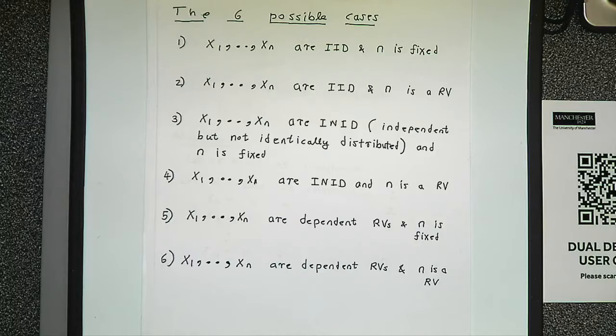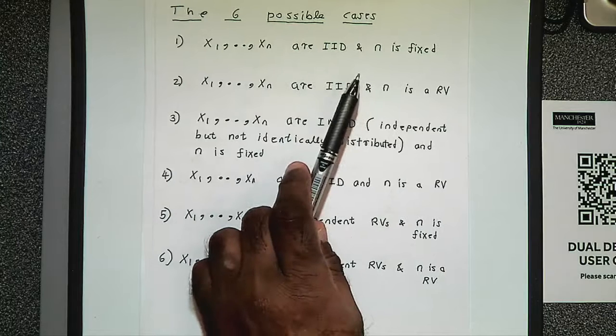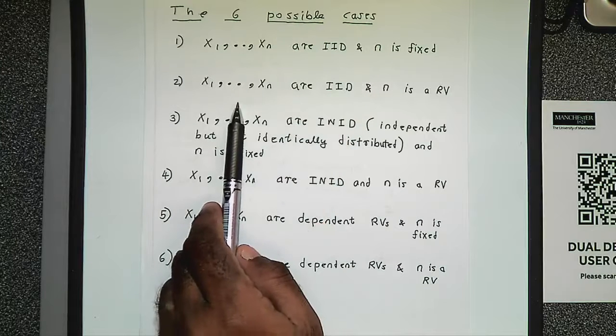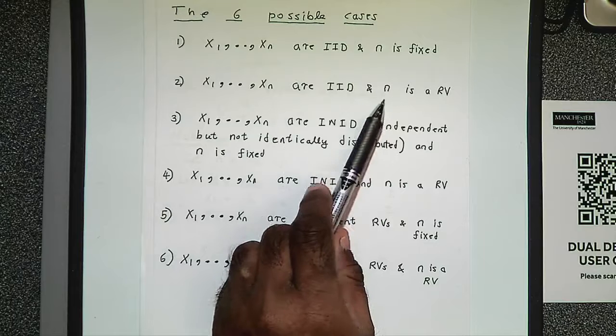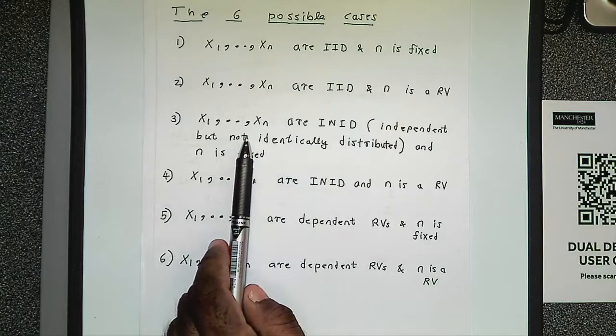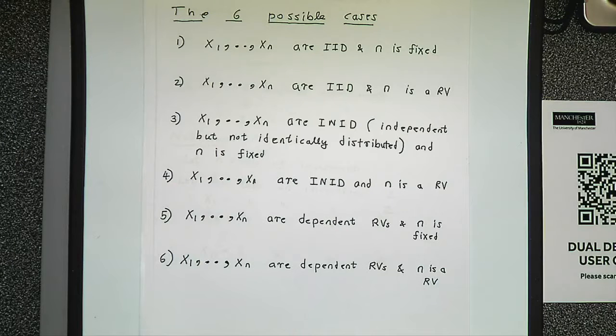Okay, right. So these are the six cases. The first case is where the losses are IID and the number of investments is fixed. The second is the same, but the number of investments is a random variable. The third is where the losses are INID, which means independent but not identically distributed, and the number of investments is fixed.